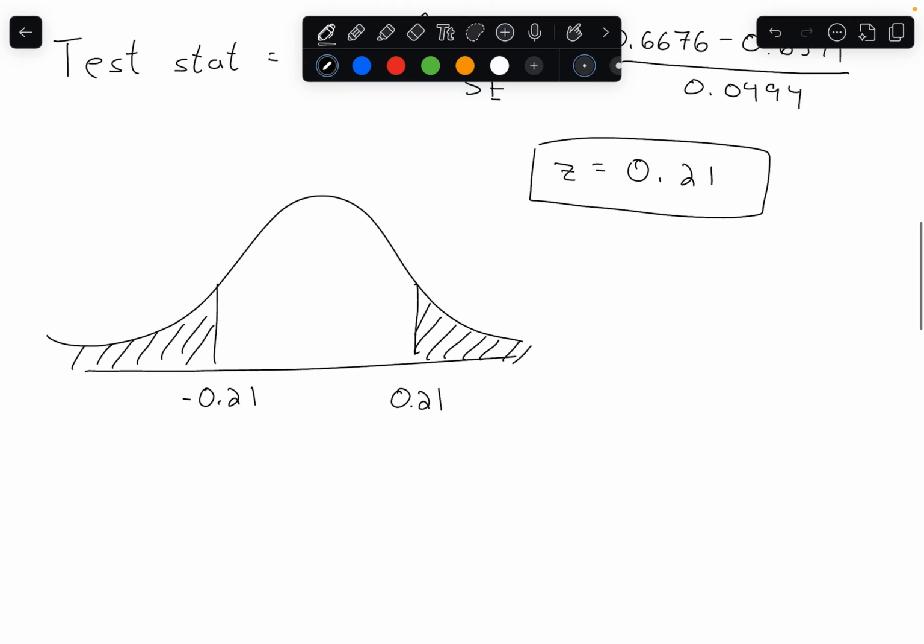I would like to find the area in these two tails and add them together. Remember, what's nice about the normal curve is that it's symmetric, so if I get one of these, I'll get the other one for free. These two areas are identical. So I'm going to look for the area to the left of negative 0.21 just because my z-table always tells me the area to the left of a z-score. So let's go look up negative 0.21 in our z-table.